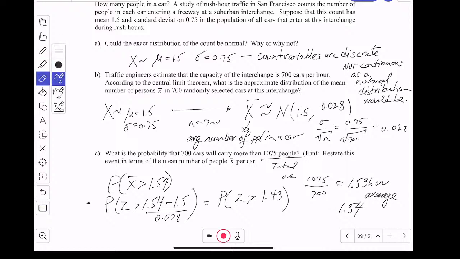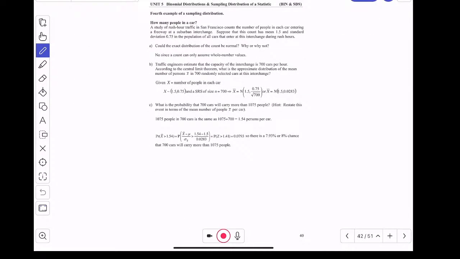And then using the normal table, I have a different answer here. No, 1.41. Why do I have 1.4?